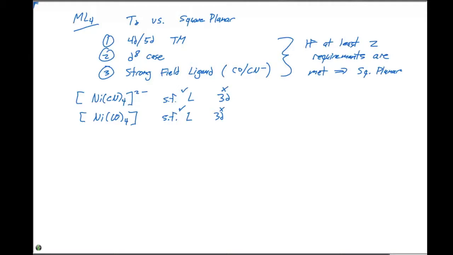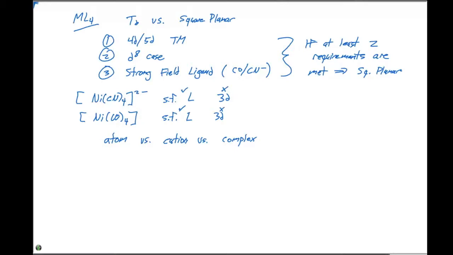And one of the things that I really want to point out is when we compare an atom versus a cation versus a complex, these are very, very different scenarios.